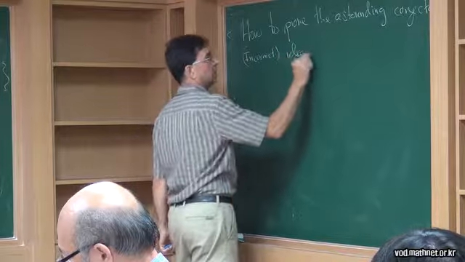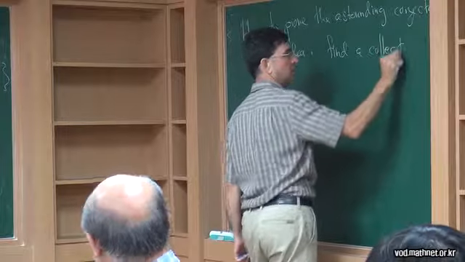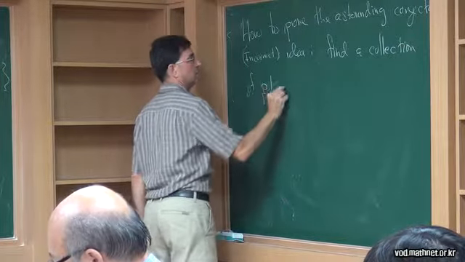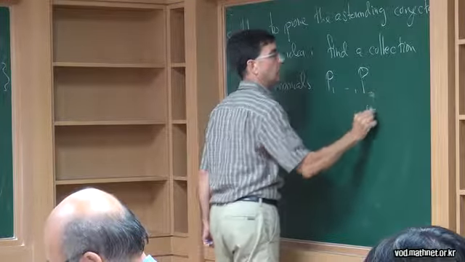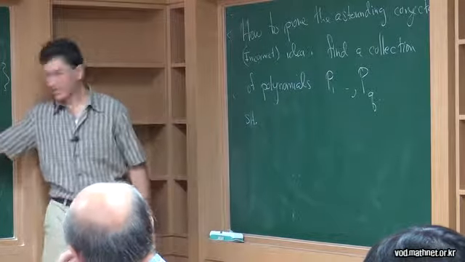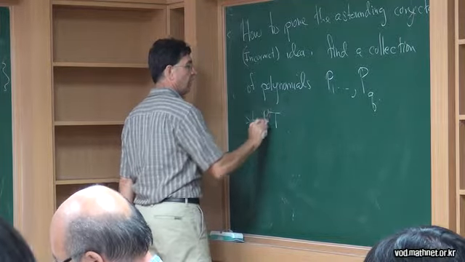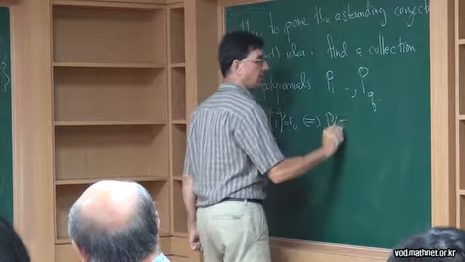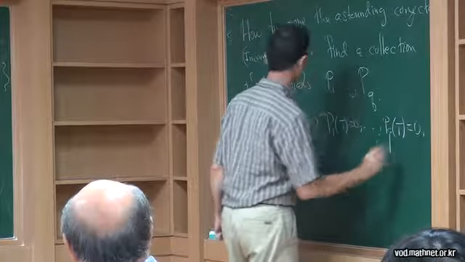The idea is to find a collection of polynomials, say P1 up to PQ, whose zero set is exactly this set, such that the rank of T is less than or equal to R0 if and only if P1 of T equals 0 up to PQ of T equals 0.